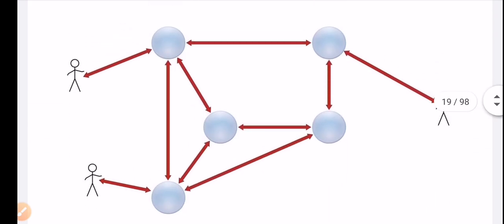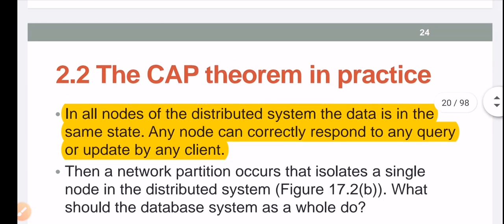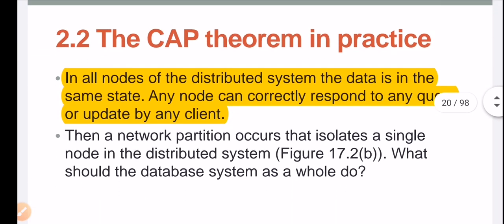You see, this is a system. It's clear that it is a perfect system. We don't have any partition here. In all nodes of the distributed system, the data is in the same state. We also mentioned that before when we discussed relational databases.